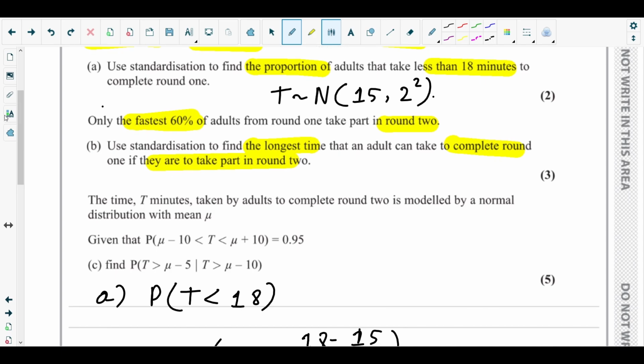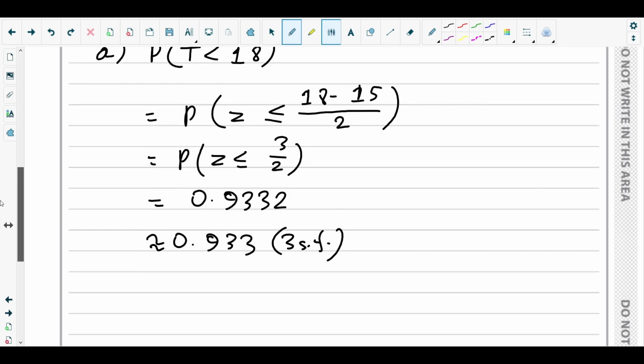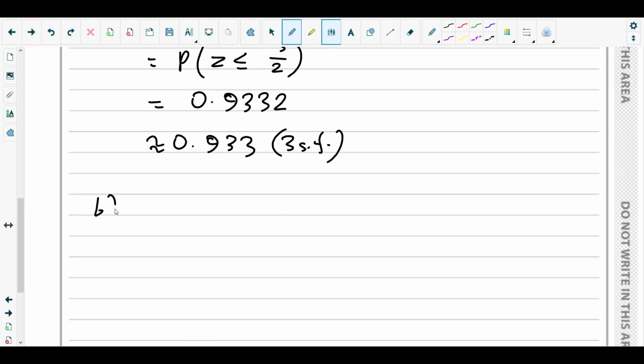Consider this as the probability of t being less than x, the longest time.